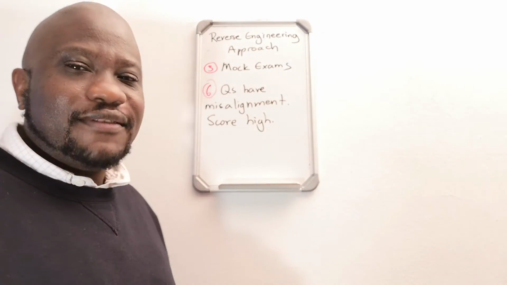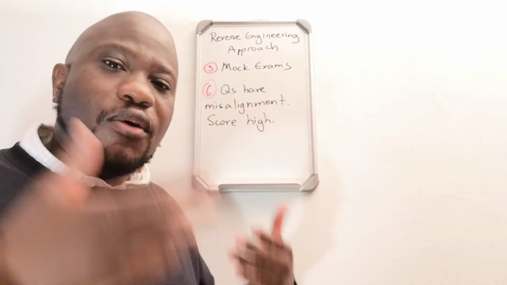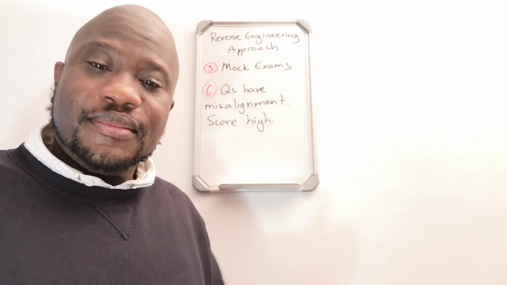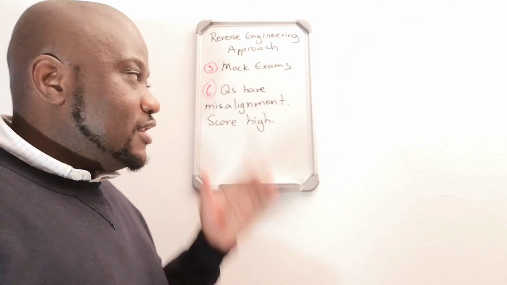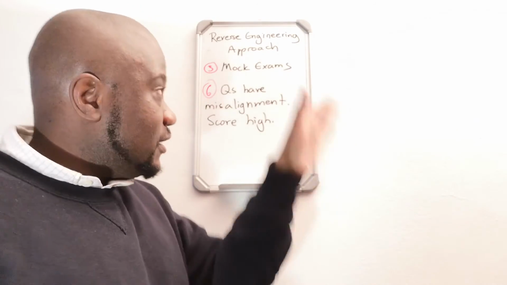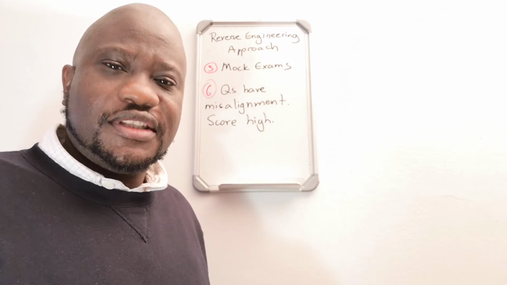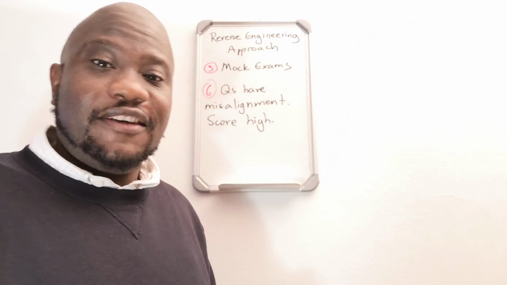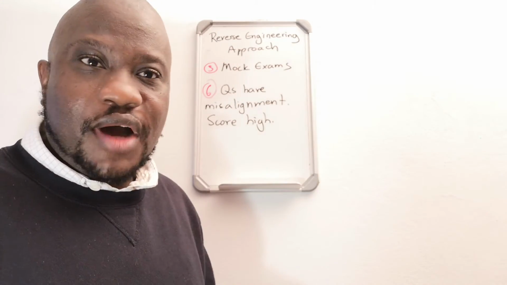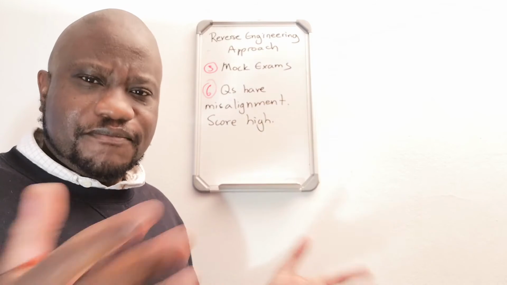Because they have a misalignment, I have stated here you have to score high in the mock exams on these online banks of questions. So, for example, if you score, let's say, 85% in one of the mock exams, in the real exam itself, you may find yourself actually scoring 75%, which is the pass mark. Or if you score 100%, you might get 95% in the real exam, right?